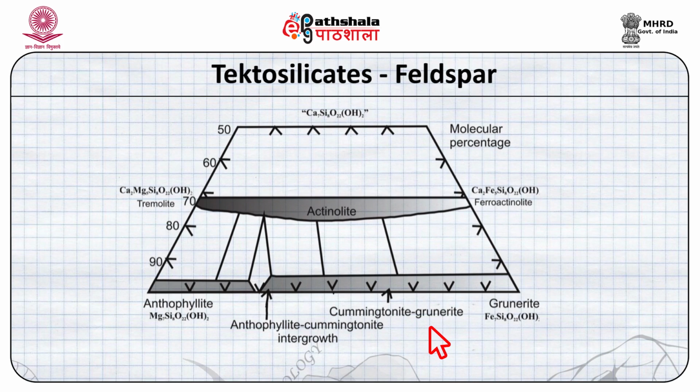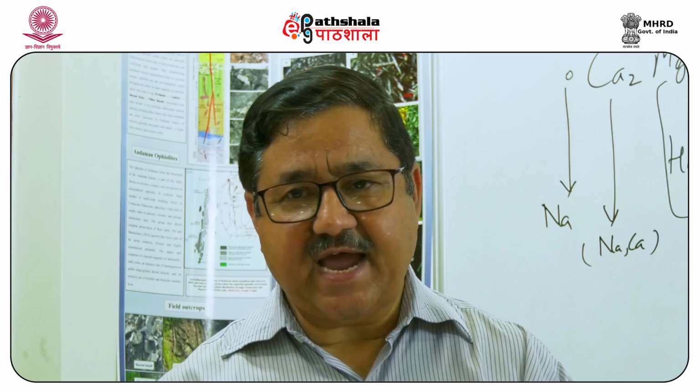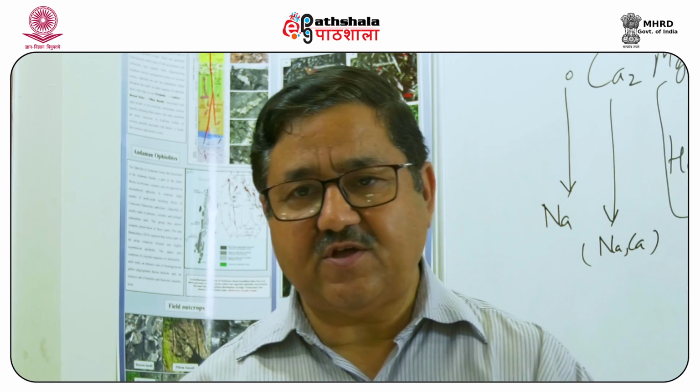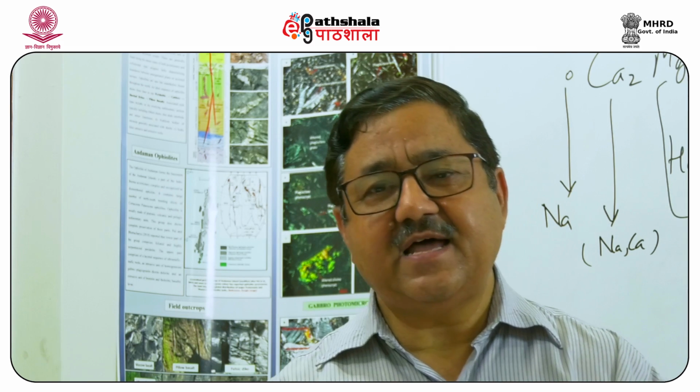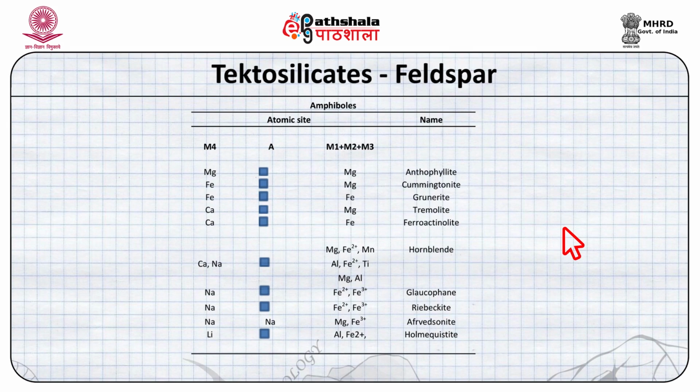When we try to observe the M sites and the cations which they occupy, that is illustrated in the accompanying table. In this table you see that the M4 site can have iron, magnesium, calcium.